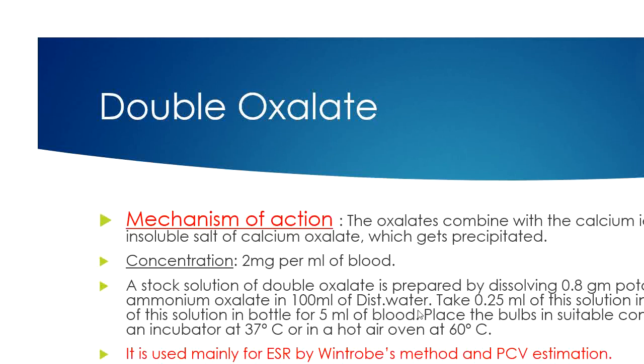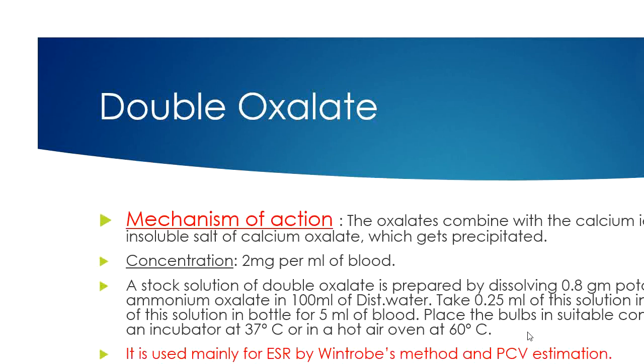Then take 0.25 ml of solution in a bottle for 2.5 ml blood collection, or 0.5 ml of this solution in a bottle for 5 ml of blood collection. Place the bottles in a suitable container and evaporate to dryness in an incubator at 37 degrees Celsius or in a hot air oven at 60 degrees Celsius.